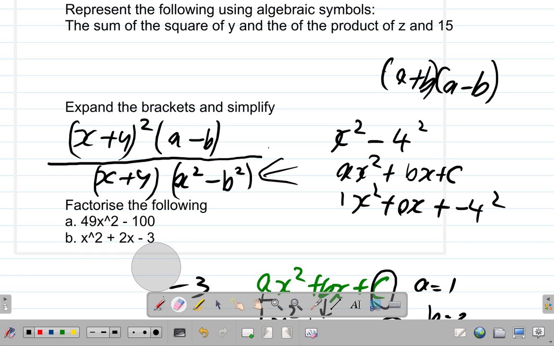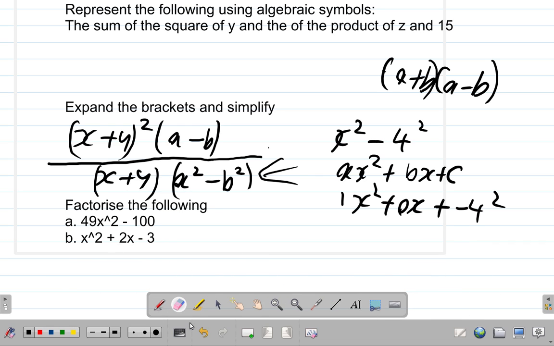Now, I'm just using the AC method on this instead of the shortcut. What you'd have here is AC is 1 times negative 4 squared. Let's just call it 16. Negative 4 squared, negative 16. Remember, the negative isn't squared. It's x minus 4 squared. It's just like x squared minus 16. It's x squared minus 4 squared.